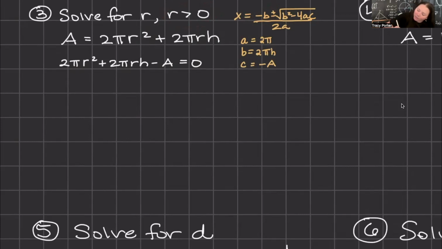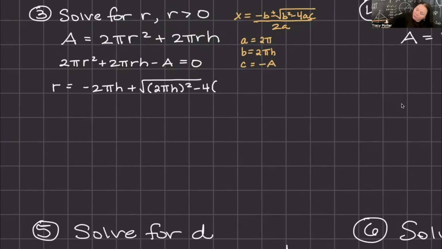So we'll say here that R is going to be equal to the opposite of 2 pi h plus, and then underneath our radical, we're going to square our B term, which is 2 pi h squared.